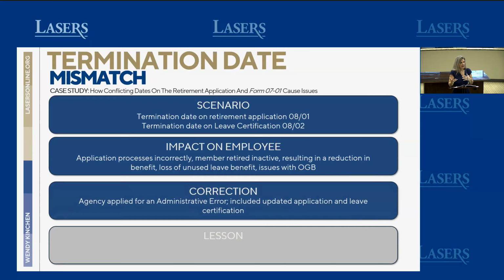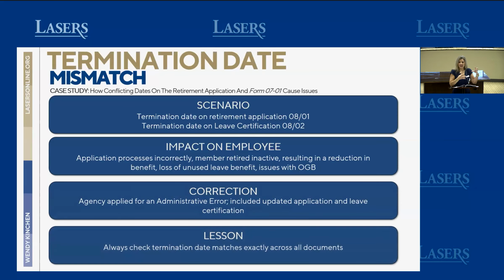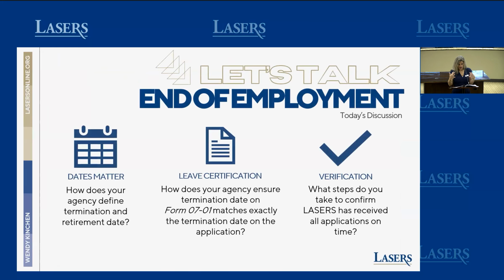So this is where it affects your employee much more than you realize. It had to be fixed through an administrative error that had to be submitted, and LASERS had to go through and approve. So again, the moral: check, double check, triple check, take your time, go back and look through and make sure everything is correct.